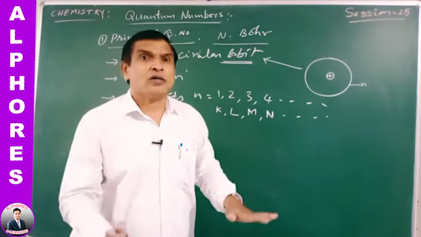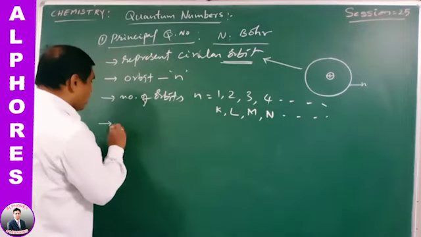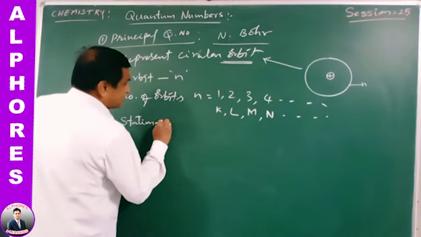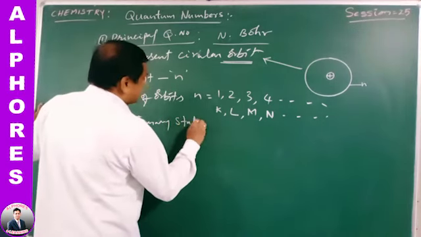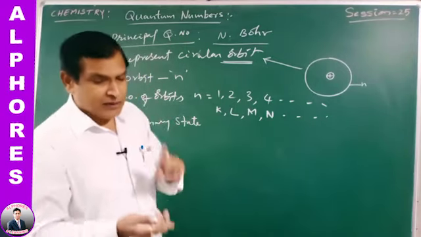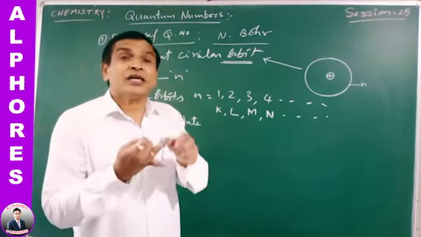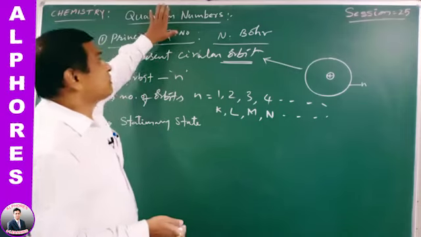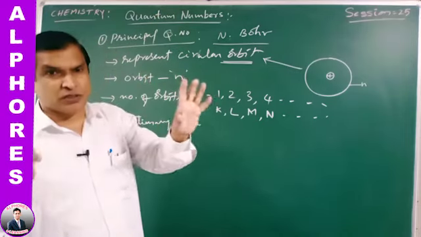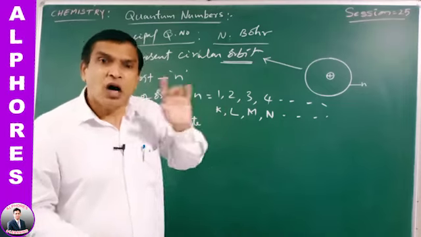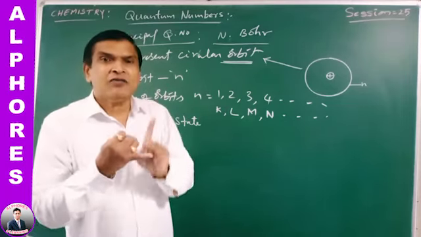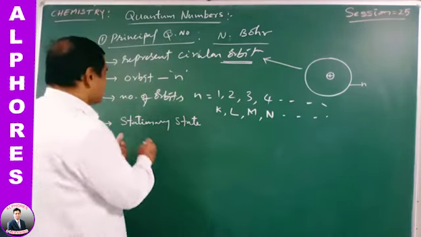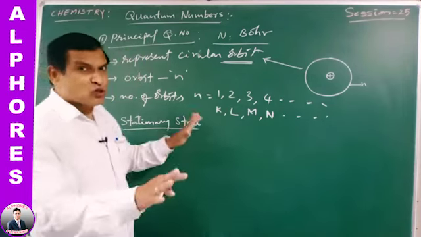Therefore, the orbit is also called stationary orbit or stationary state, or energy level. So principal quantum number means orbit, stationary state, energy level or stationary level, because the energy of the electron in the orbit remains constant.